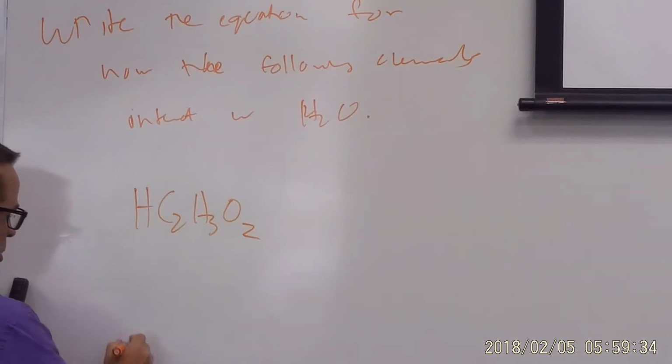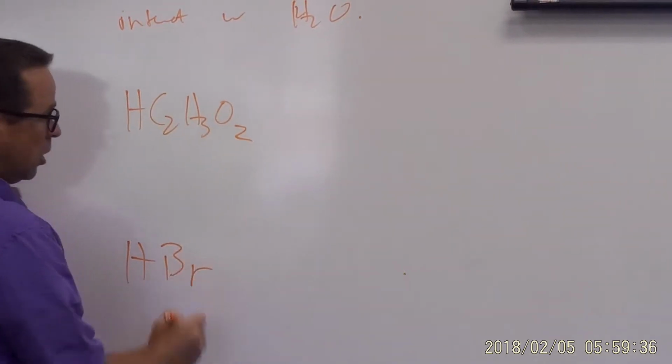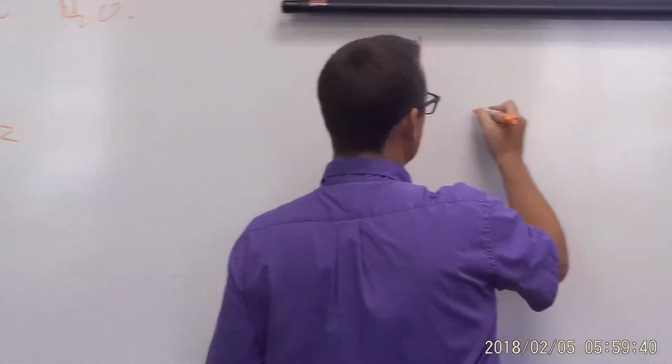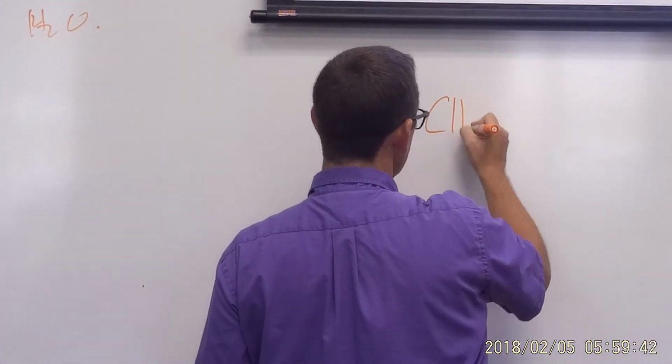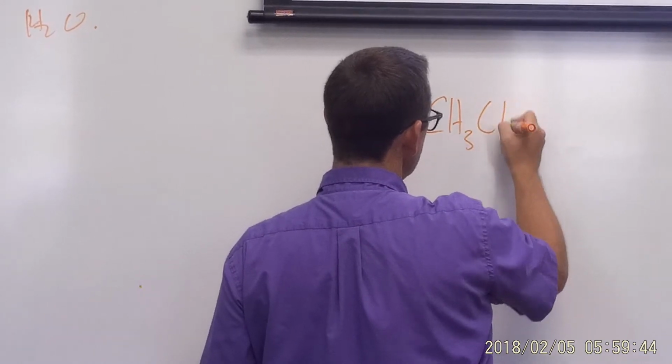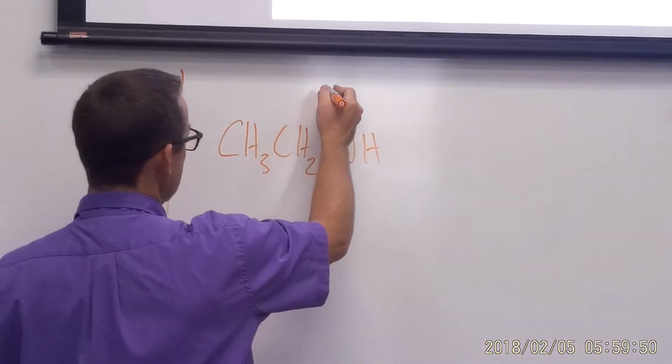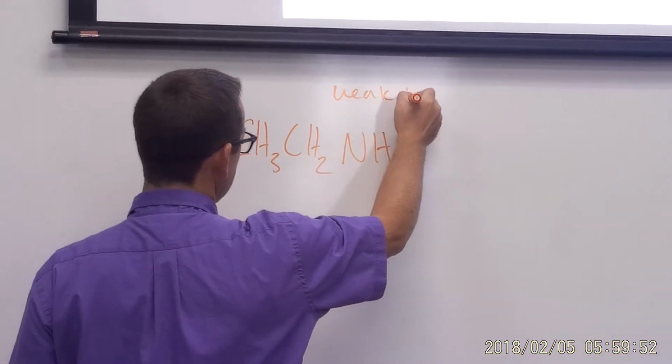Okay, so here we go. HC2H3O2, HBr, CH3CH2NH. This one I will tell you is a weak base.